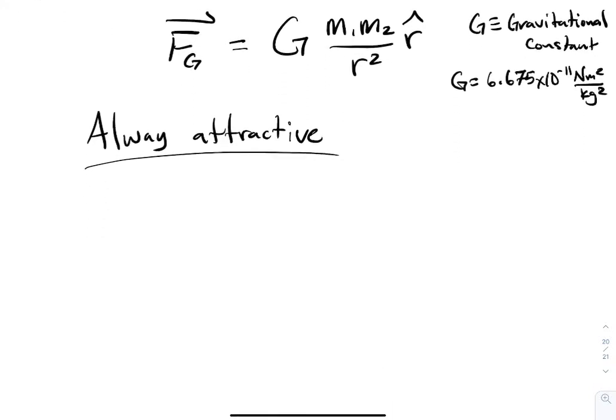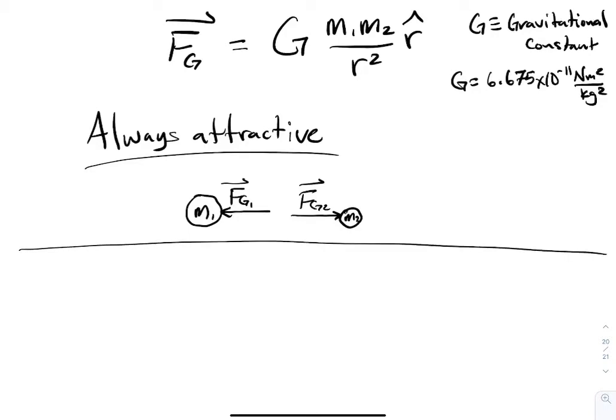Diagrammatically, you could show that we might have M1 and M2, and each of those would experience a gravitational force, Fg1 and Fg2. As you can see, these are attractive forces, and they're equal and opposite in direction, as Newton's third law always promises.